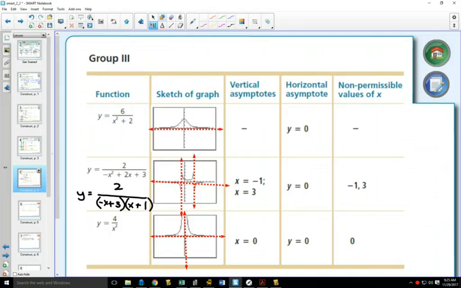So 3 and negative 1 are non-permissible values. And the third one cannot be factored either.